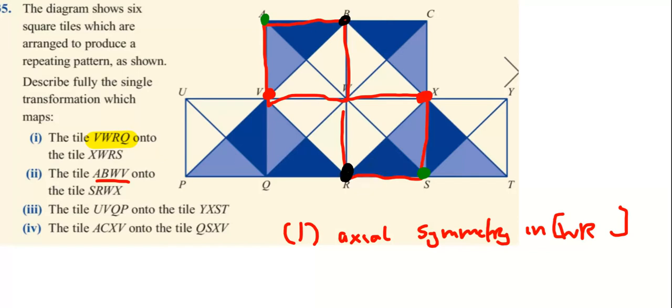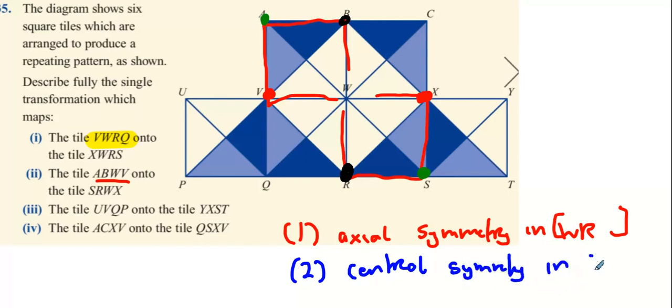And finally, this dot here stays where it is. So that is central symmetry in the point W all day long. Central symmetry in W.